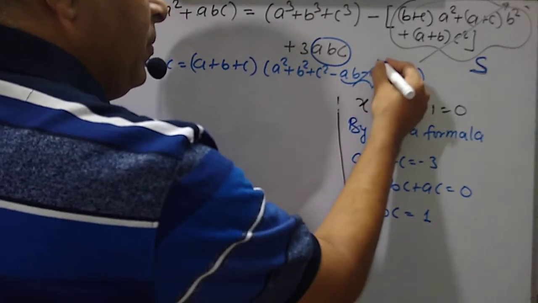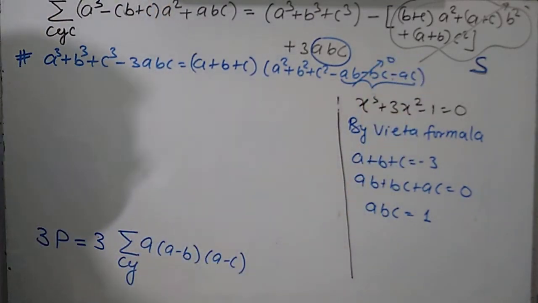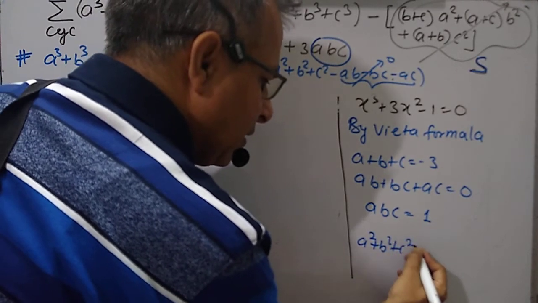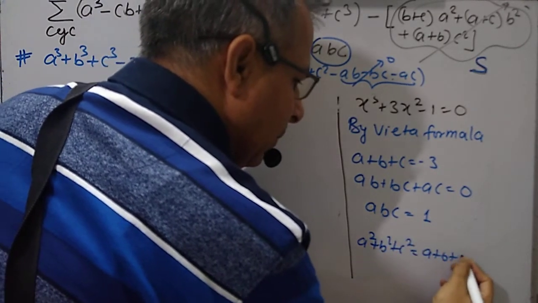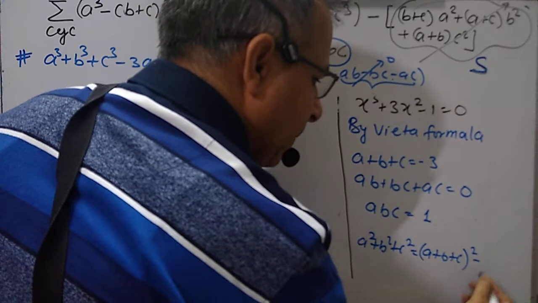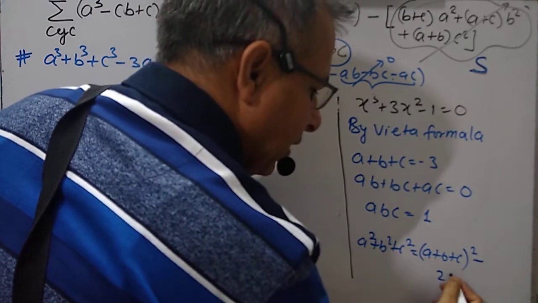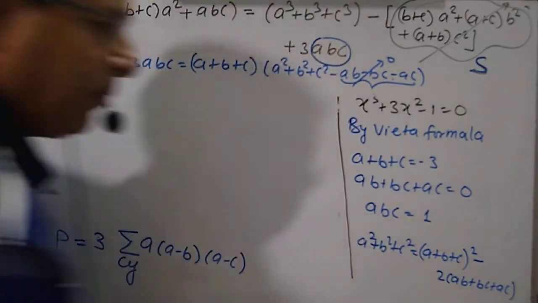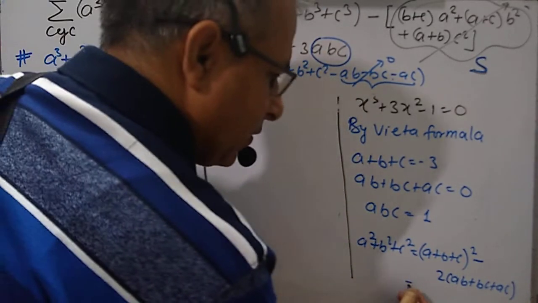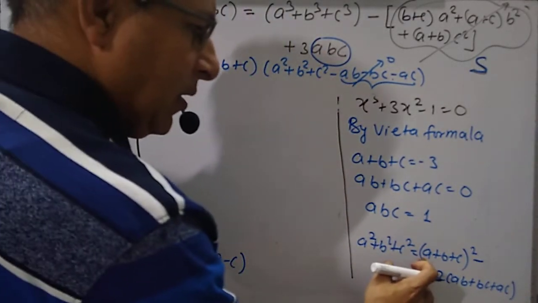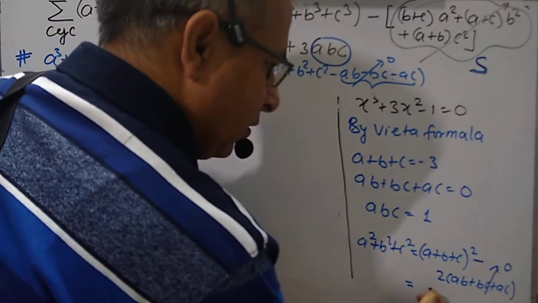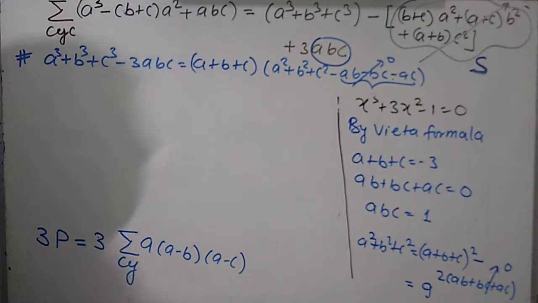We also know that a square plus b square plus c square equal to (a plus b plus c) whole square minus 2 times (ab plus bc plus ac). Substituting a plus b plus c as minus 3 and ab plus bc plus ac as 0, this value will be 9.